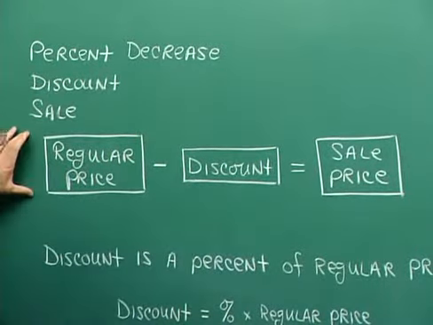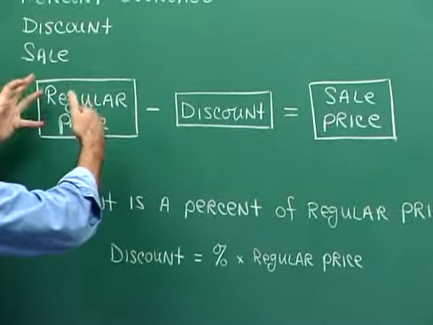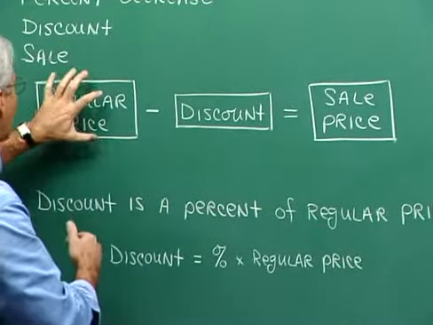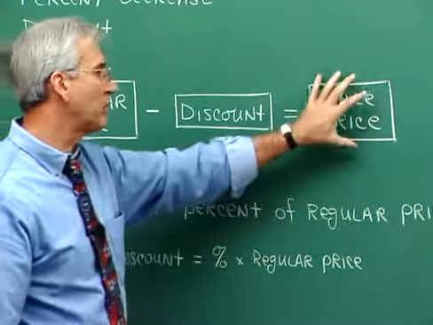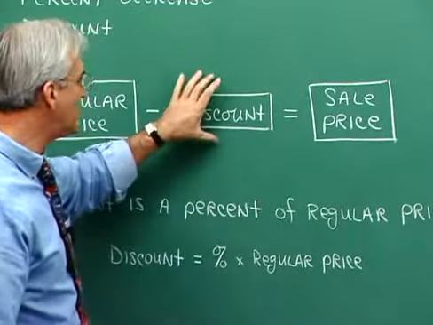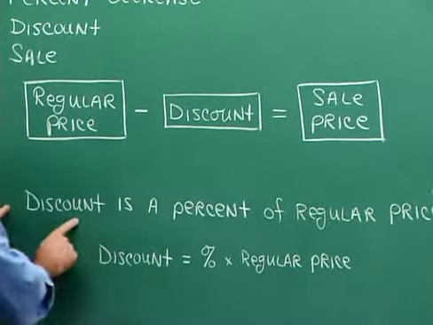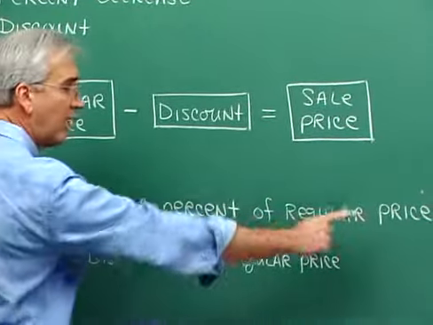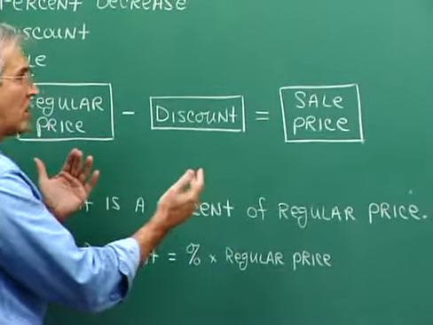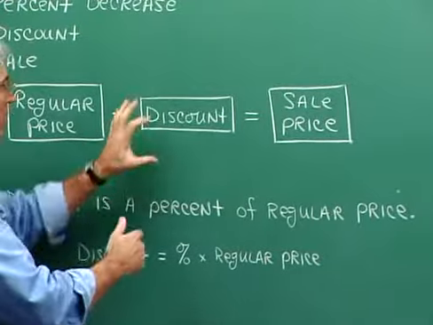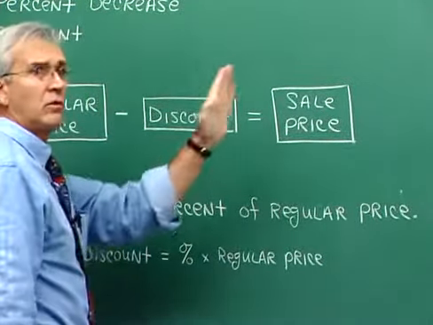So regular price, or this is what we had called selling price before, that's the regular price of an item in a store minus some discount is equal to the sale price. Now this discount is figured as a percent though. In fact, the discount is some percent of the regular price. And notice the relationship here between markup and discount. The markup, remember it was the cost plus markup equals selling price.